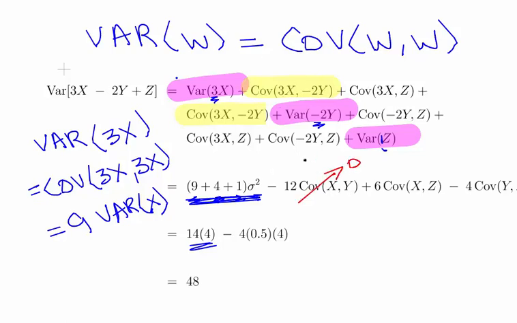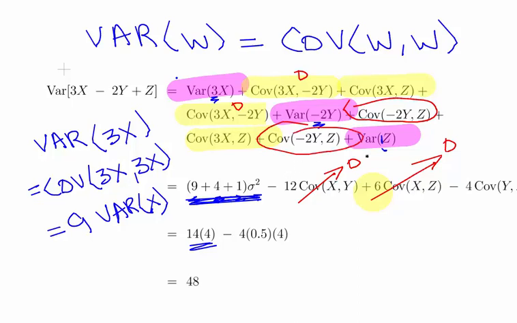So it's minus 12 times 0, 0. Likewise, this expression here, that's where the 6 comes from, but necessarily the whole thing goes to 0 because the covariance of x and z is 0.